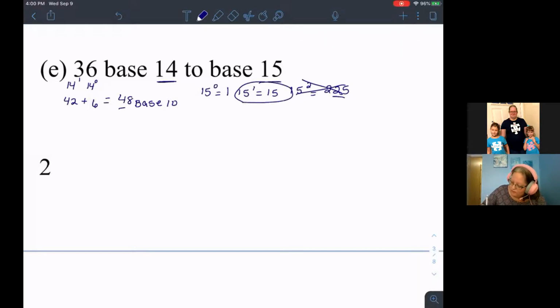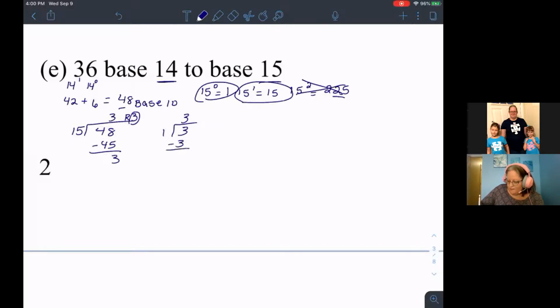So we take 48 divided by 15, which is 3. 3 times 15 is 45. 48 minus 45 gives us a remainder of 3. So then we're going to take that 3 and divide it by the 1. So 3 divided by 1 is 3. 3 minus 3 is 0.